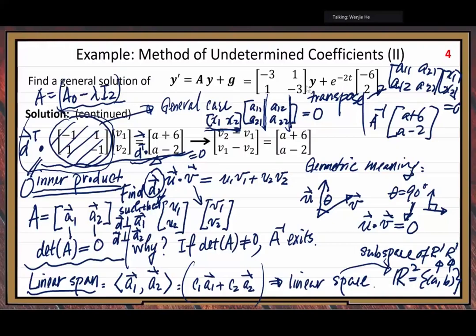So here I describe the general method. If you need my concrete example to go through everything like this, I can make one, step by step, going through the inner product and how to find this D vector. So this is a systematic method.